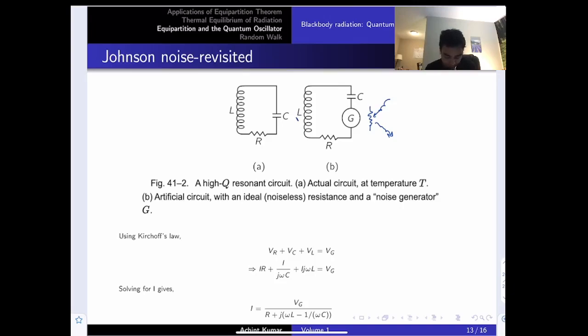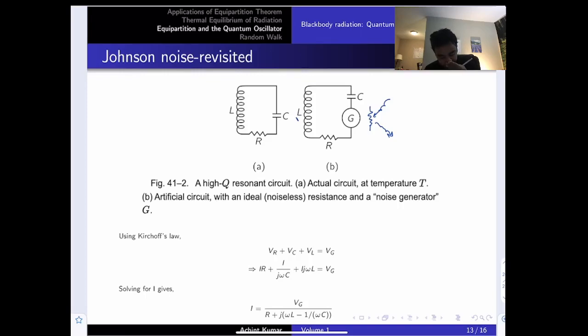Okay, so how do we figure out what is the power distribution of the noise in the circuit? The way we do that is by using Kirchhoff's law. Kirchhoff's law says that the voltage across the resistor plus the voltage across capacitor and inductor must sum to the voltage across the generator. Now, voltage across the resistor is just IR.